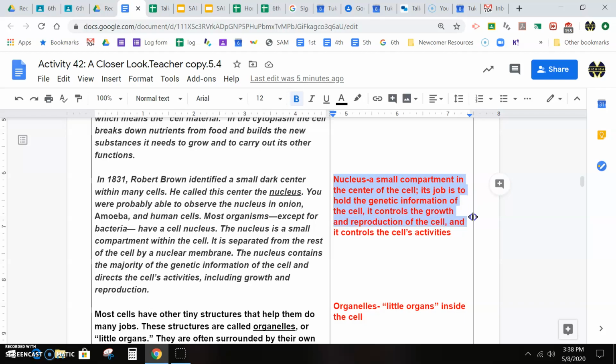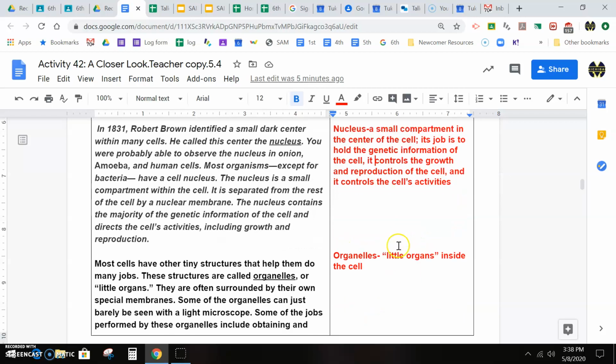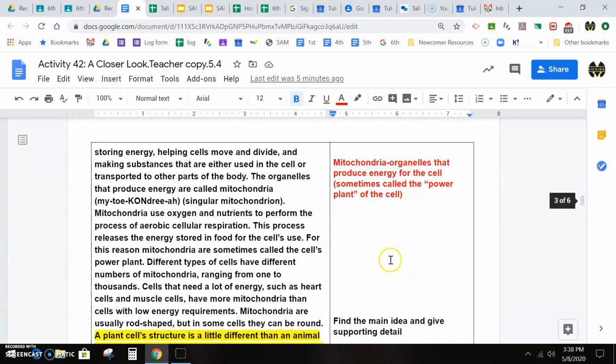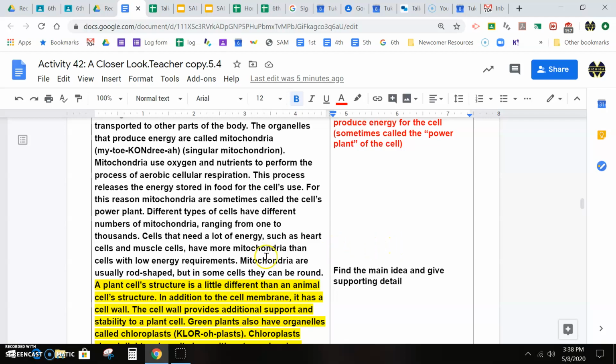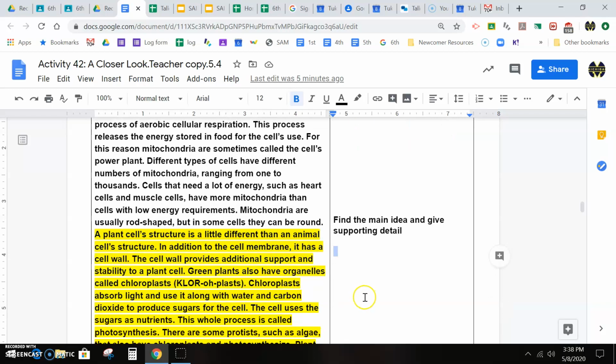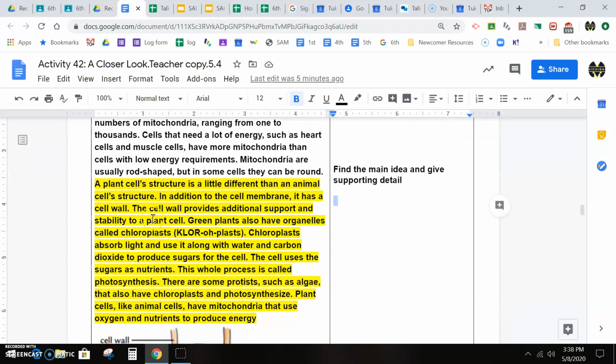It controls the growth and reproduction of the cell, and it controls the cell's activities. These are some notes that I already had in my Google Doc. Now, you might not have those notes yet, and that's okay. If you want, you can send me an email, and I can share this with you. But like I said, we're going to focus just on this yellow part right here.